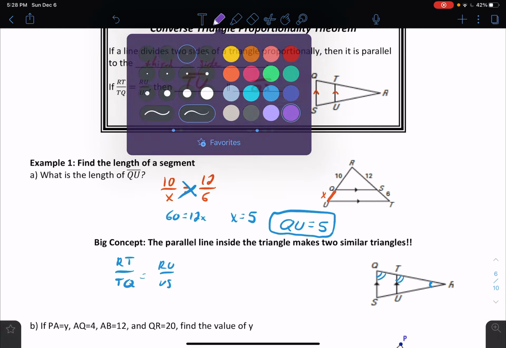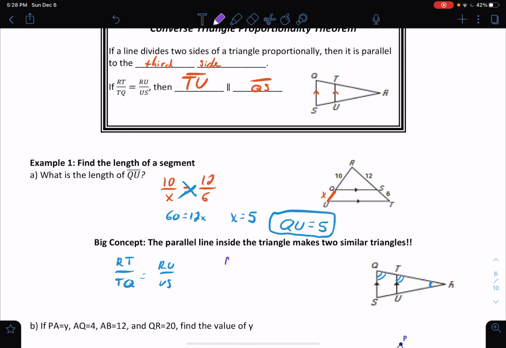Or if we looked at those two triangles separately, we could do the small side, RT over RQ, the whole side, equals RU over RS. Okay, there's a couple different proportions that we can set up here. We can look at it as similar triangles and match up those corresponding side lengths, or because that parallel line inside the triangle splits the sides proportionally, we could do part over part equals part over part.